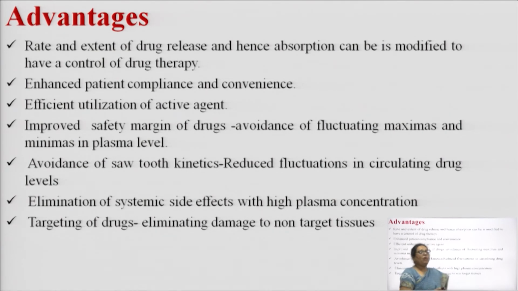Then there is avoidance of sawtooth kinetics, that is the fluctuations of drug in the plasma level, that is minimas and maximas are avoided, because the drug is being released in a slow and controlled fashion, and hence a constant plasma drug blood level is being maintained. So, this fluctuation in plasma levels is avoided. As a result, the body does not experience the metabolic shocks.